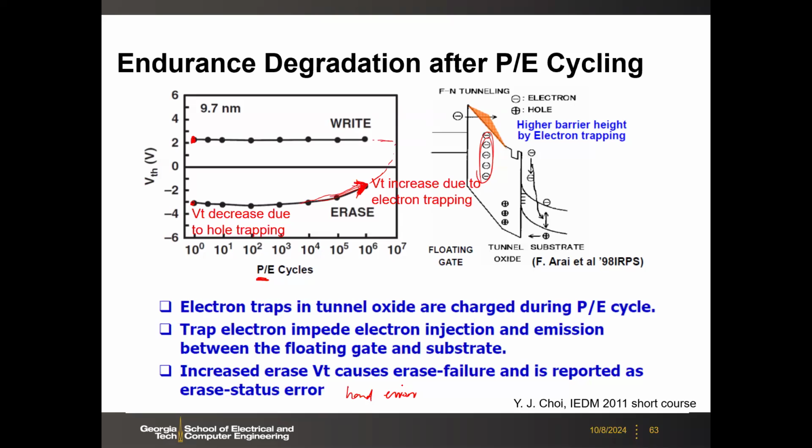Another practical suggestion when you do this measurement: it's impossible to read at every cycling point. That means if you do 10 to the power 6 cycles, that's 1 million cycles.